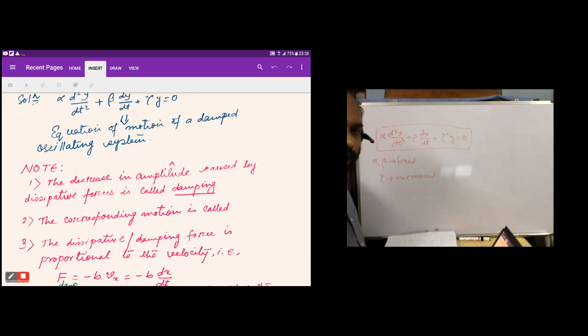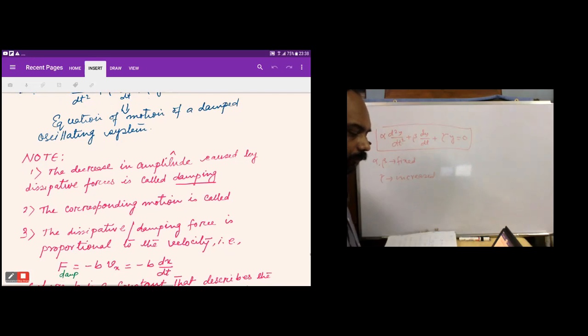Number one, the decrease in amplitude caused by dissipative forces, like viscous force, air drag, all these things, is called damping. The corresponding motion is called the motion of a damping system or damped motion.